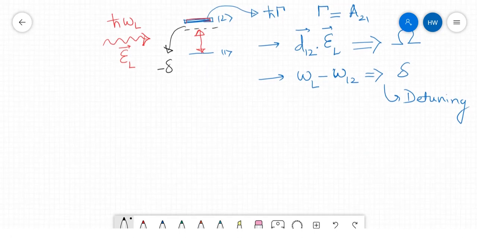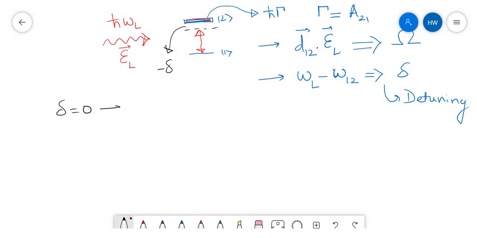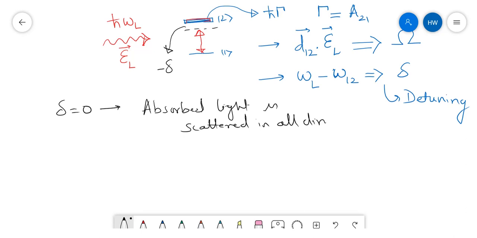Okay, so let's look at these two scenarios. Delta equal to 0 refers to absorption, and what you have is the absorbed light is basically scattered because of spontaneous emission in all directions, right?